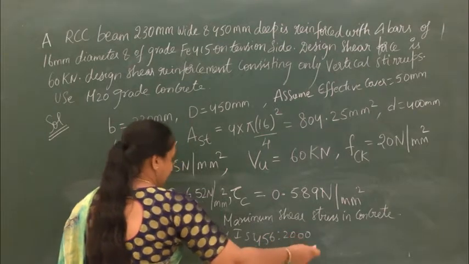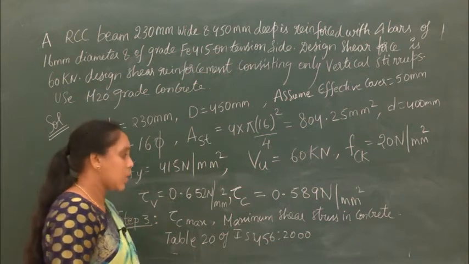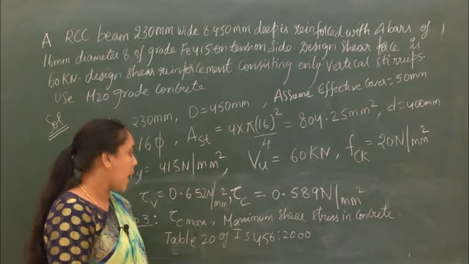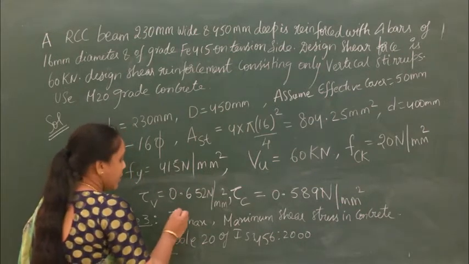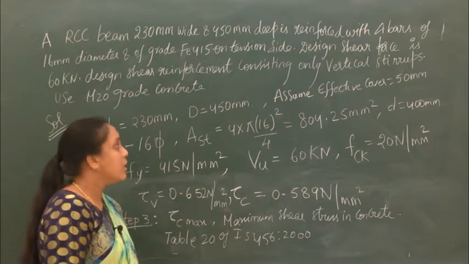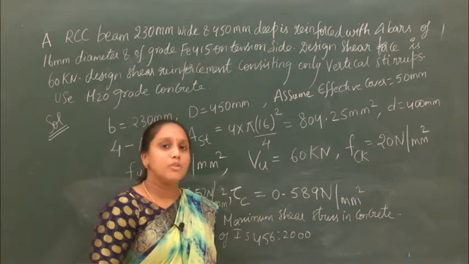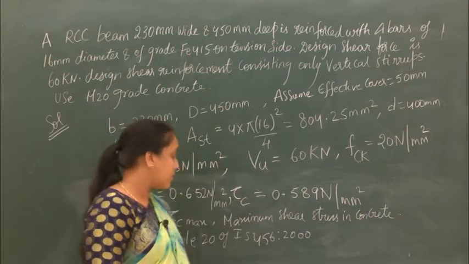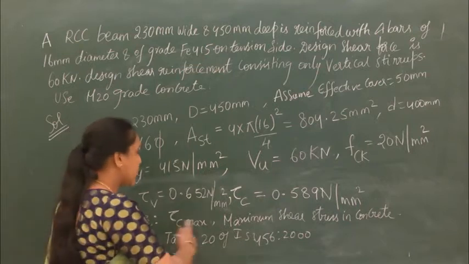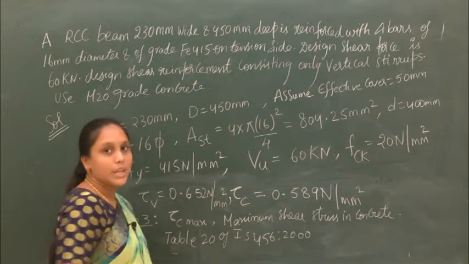In table 20 of IS 456-2000, we have different values of tau c max for different grades of concrete, like M15, M20 and all. So if you refer to this particular table 20, you can get the value of tau c max.